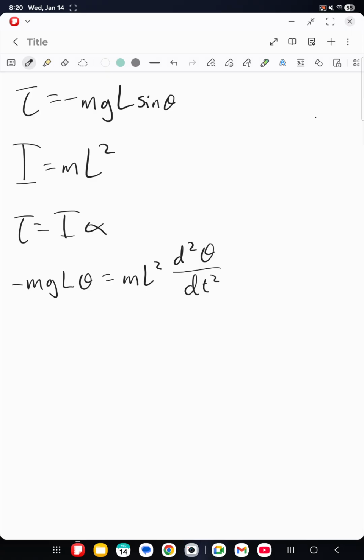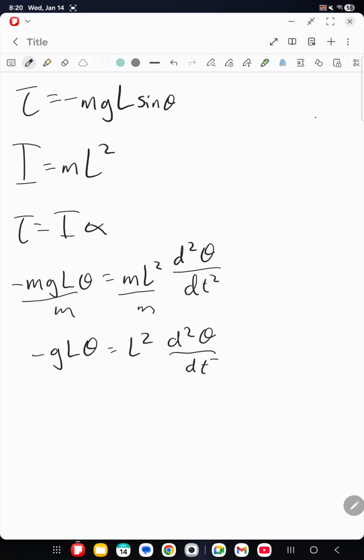And so we can simplify a lot of things here. For instance, we could divide by mass, and then we'll have negative gL theta, which is equal to L squared times d squared theta over dt squared. And then we could divide by L here.